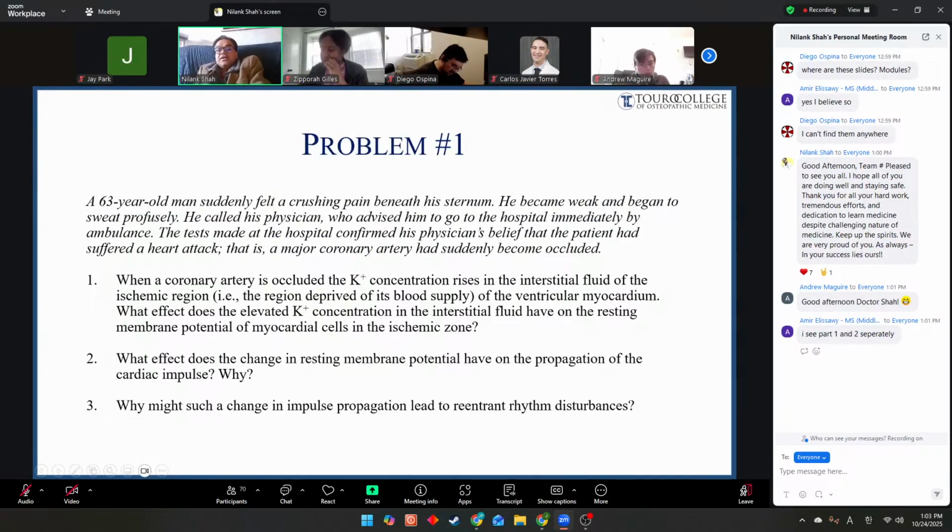There is a clinical case written based on my own experience. It's a real life example where a patient who is having a myocardial infarction will develop hyperkalemia, and how that hyperkalemia will basically result in different clinical consequences or problems.